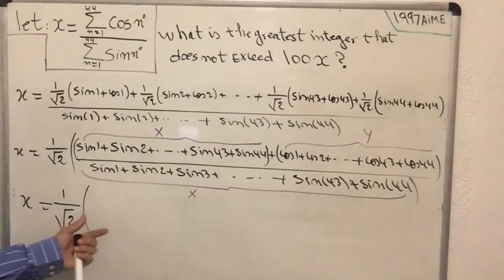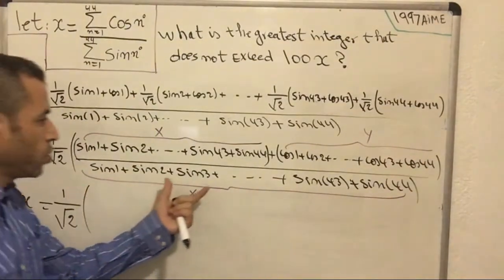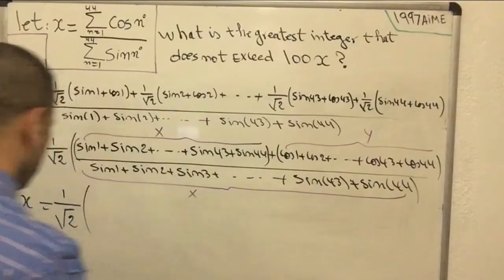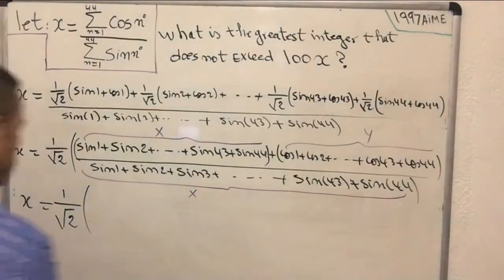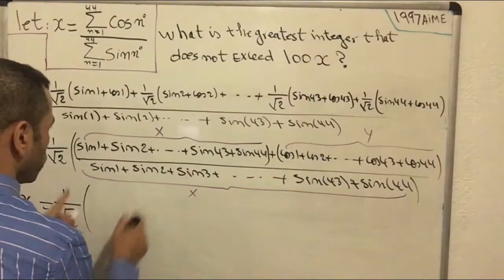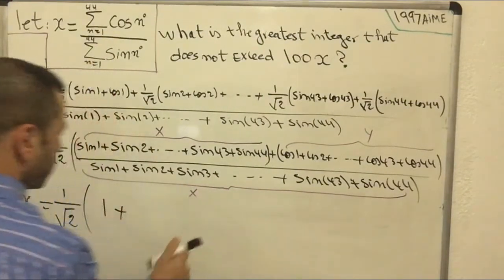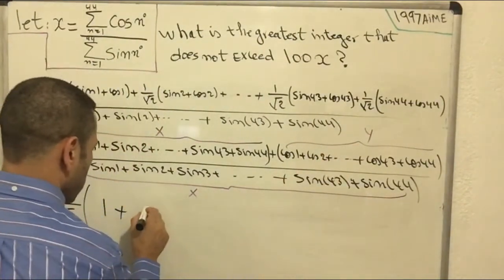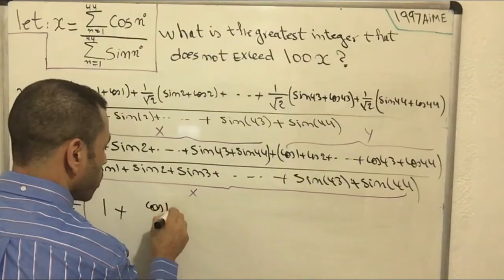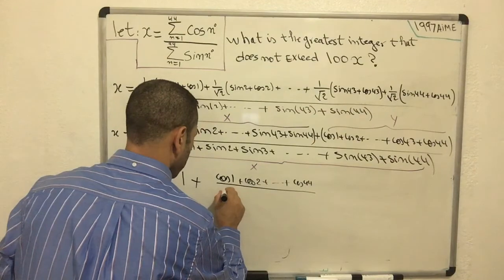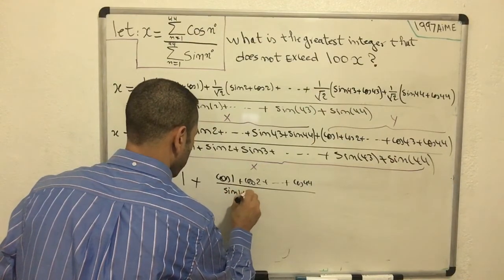I'm going to divide the numerator and denominator by x. So this gives me 1/√2 multiplied by 1, because this one divided by this one, plus this term, which is cos 1, over sin 1.